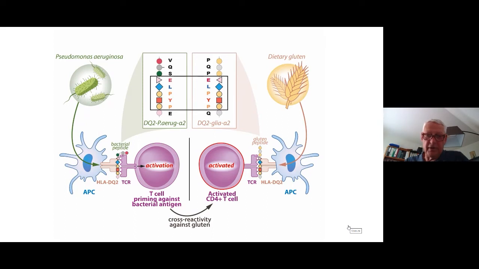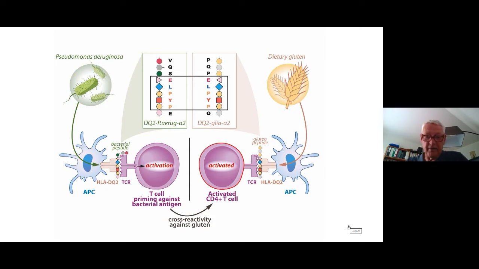And this is shown in the left part of the slide, where you see the same T cell that is now responding to a peptide from a bacterium that bears very strong resemblance to the gluten peptide. In the middle, there's a core sequence of 5 amino acids that is completely identical between the bacterial protein and the gluten protein.